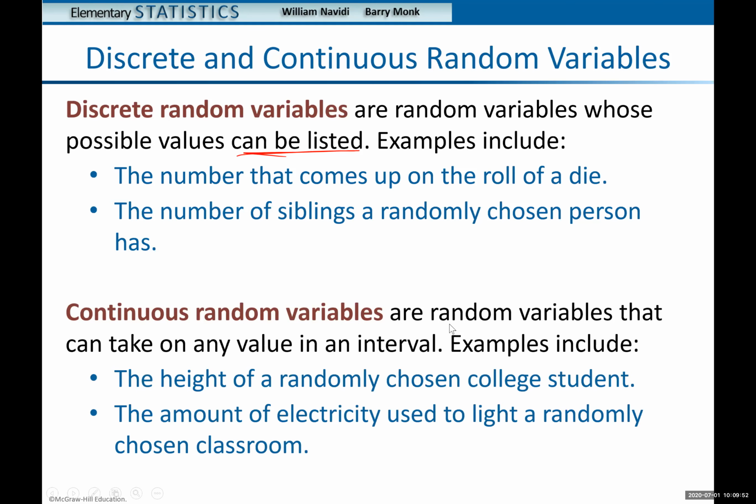And continuous are those that can take on any value in an interval. An example is the height of a randomly chosen college student, or the amount of electricity used to light a randomly chosen classroom. So just to recall those two types of variables.